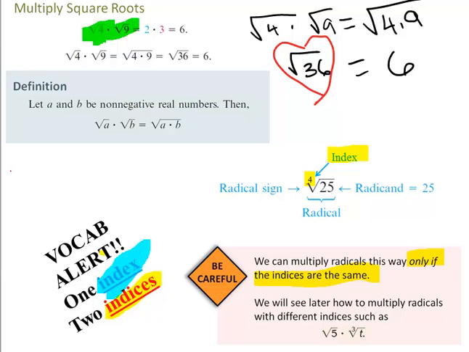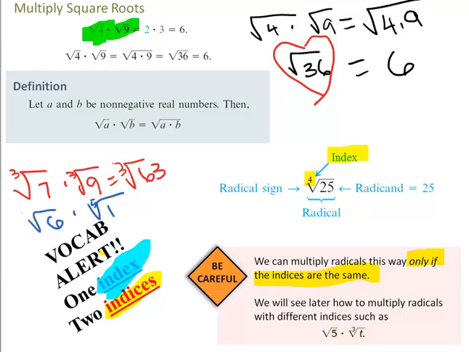So you can multiply the cube root of 7 times the cube root of 9 and get the cube root of 63, but you cannot do the square root of 6 times the fifth root of 11. Because the indices are different, it's a no. You can't do it. Okay, and just to let you know though, there is a way we can deal with them if they have different indices, but that's for later.